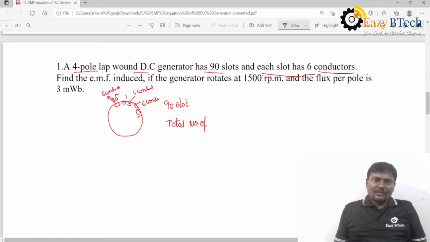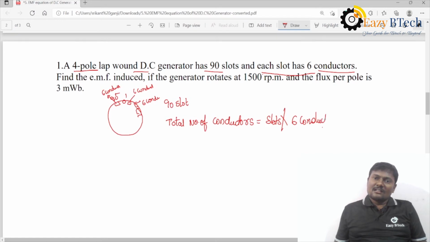So the total number of conductors is equal to slots into conductors per slot.